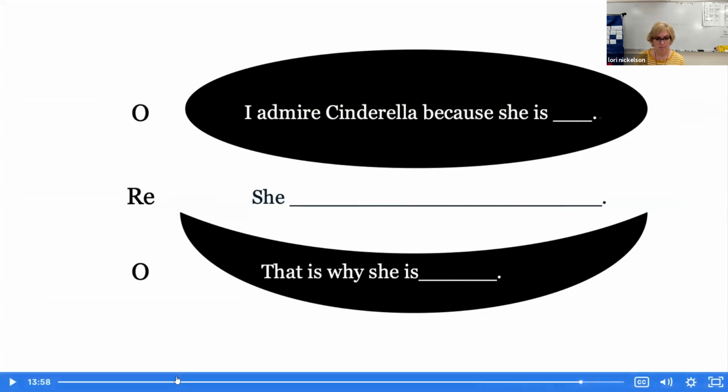You should be able to speak with your friend beside you and tell what your story is about. So I admire Cinderella because she is what? You put the trait there, and then the reason goes right there in the middle, because she what? And then you're going to restate your opinion topic at the bottom. All right?